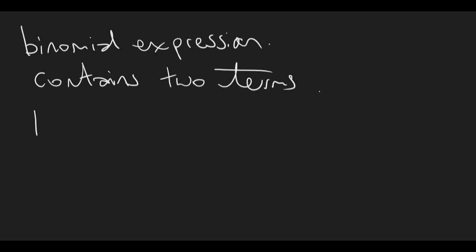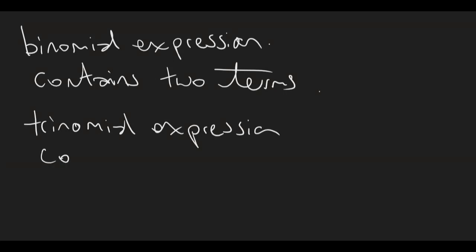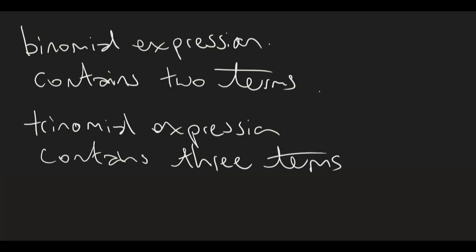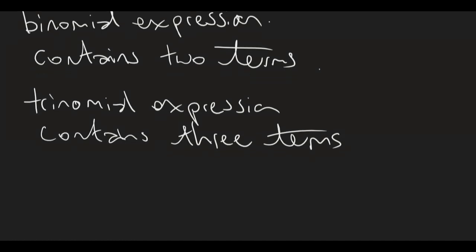And a trinomial expression contains 3 terms. Okay, I think that's well, maybe there's a little bit more to do. We have linear and quadratic and cubic polynomials as well.